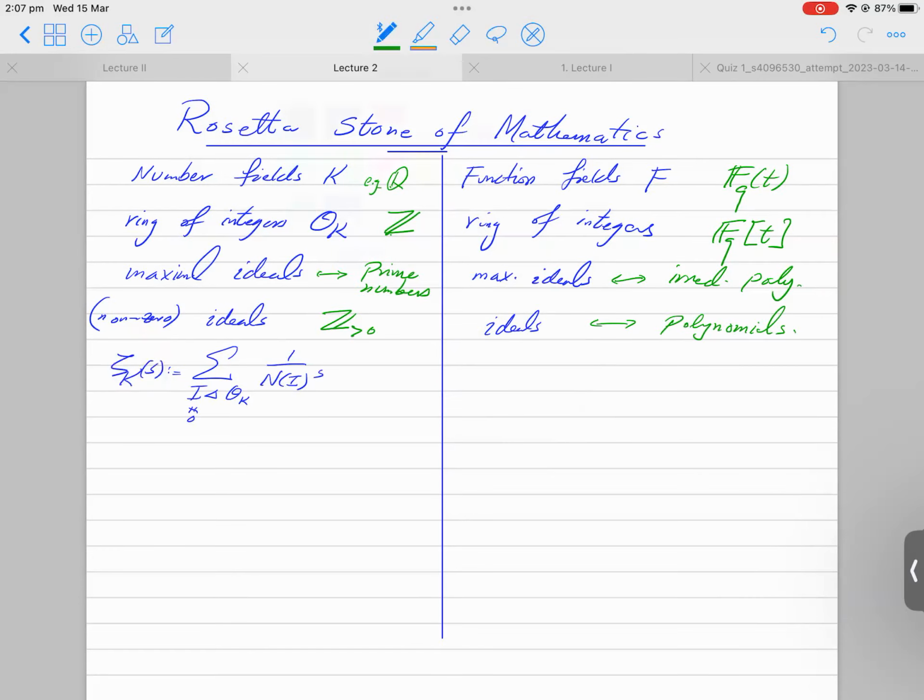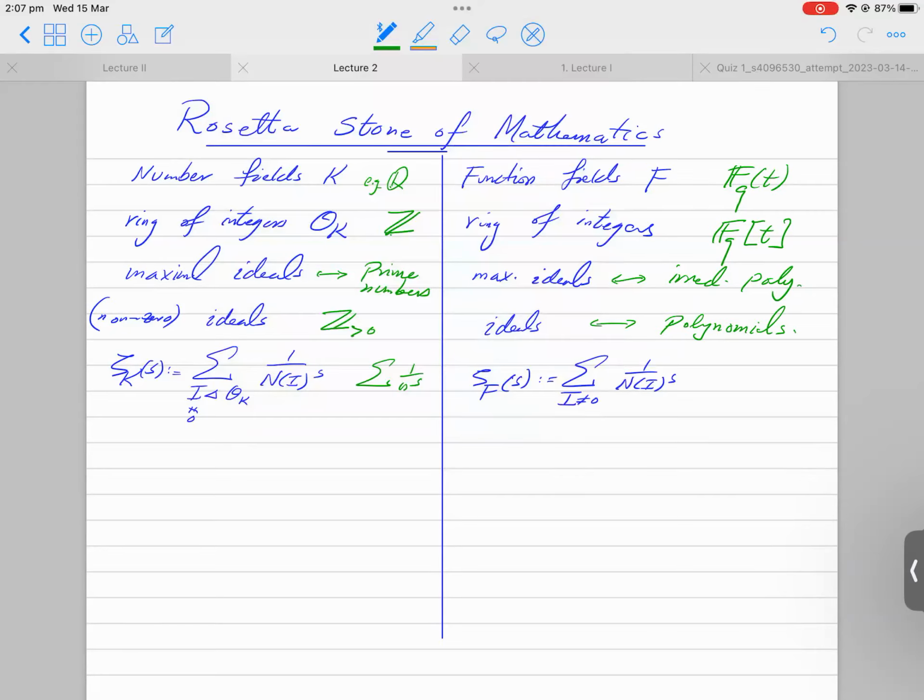In the running example, we just get the Riemann zeta function. On the other side, if we look at exactly the same definition, then we get what's called the Dedekind zeta function of this function field.